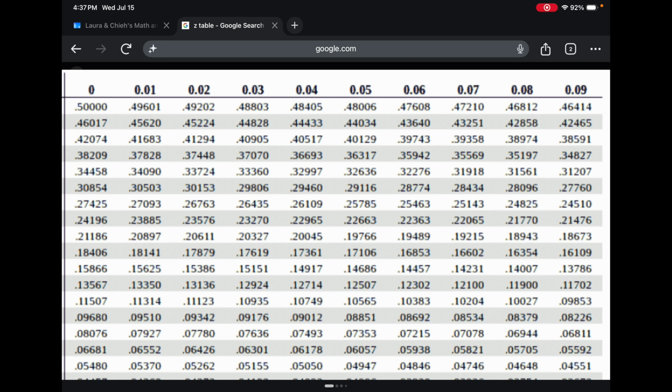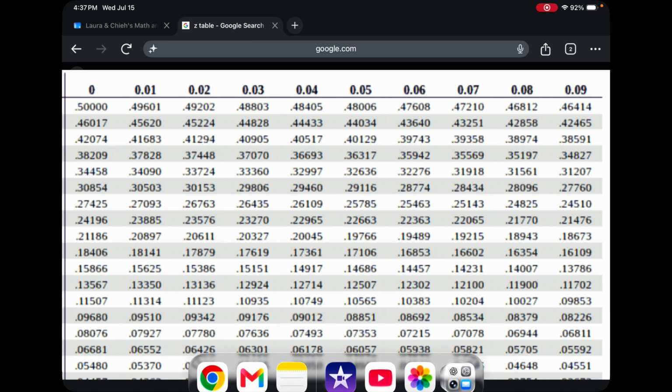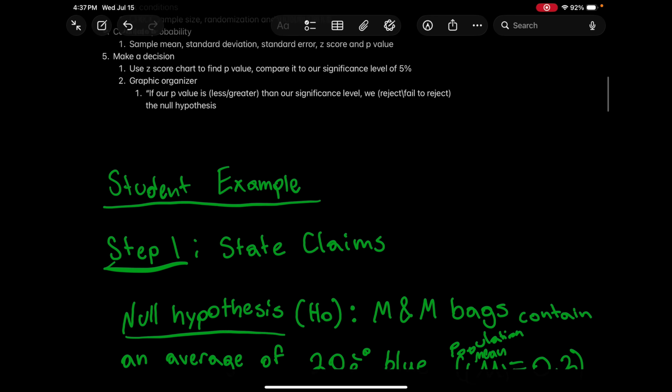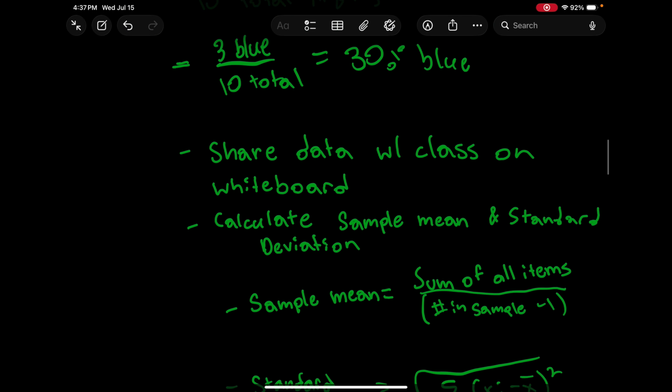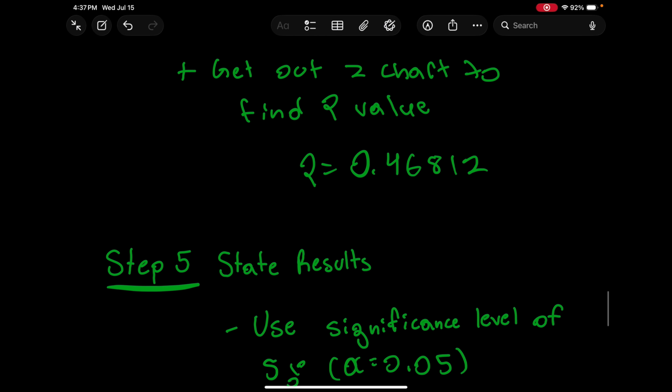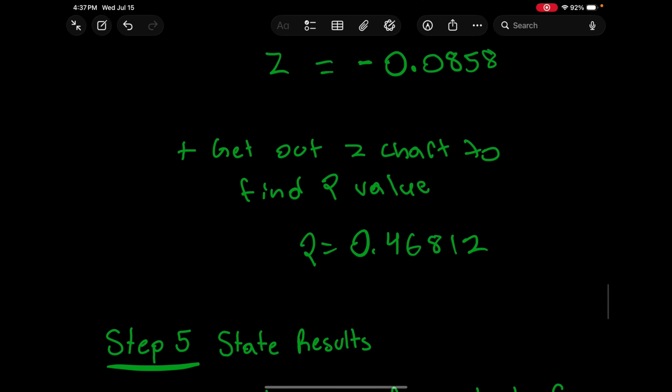So we'll call it about 0.46. Oops, we're way down here. Sorry, class. There's an exact number, but we can call it about 0.46 here. That is our p-value.